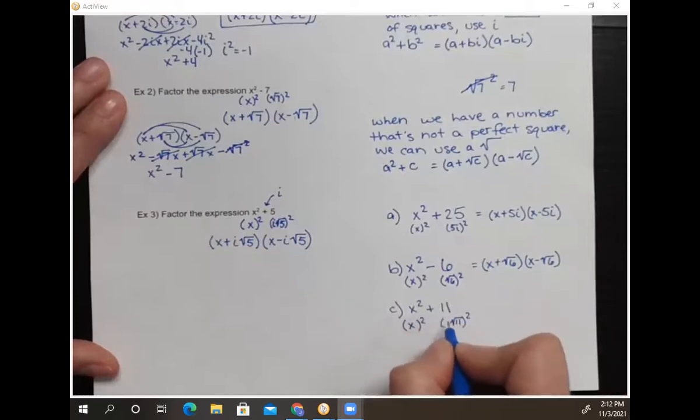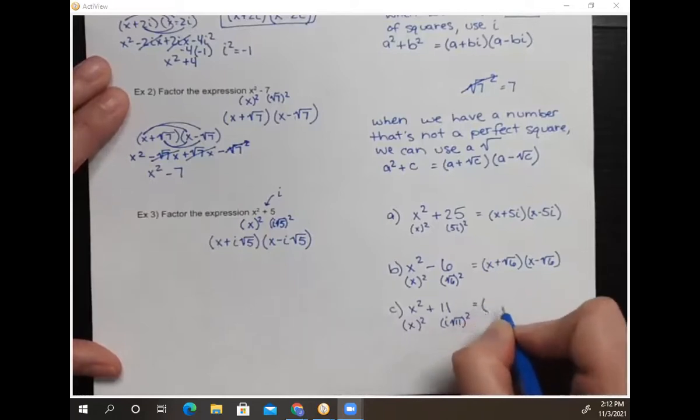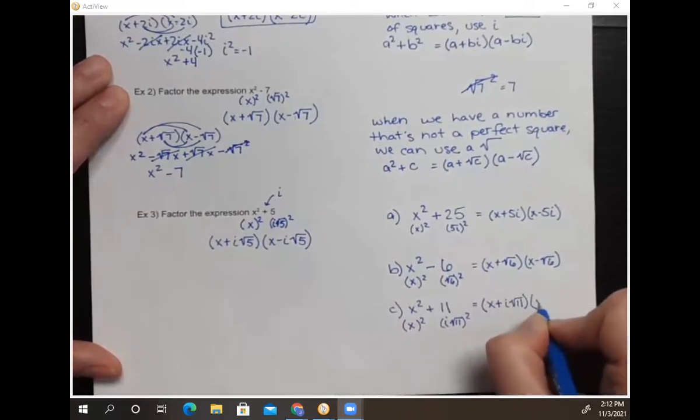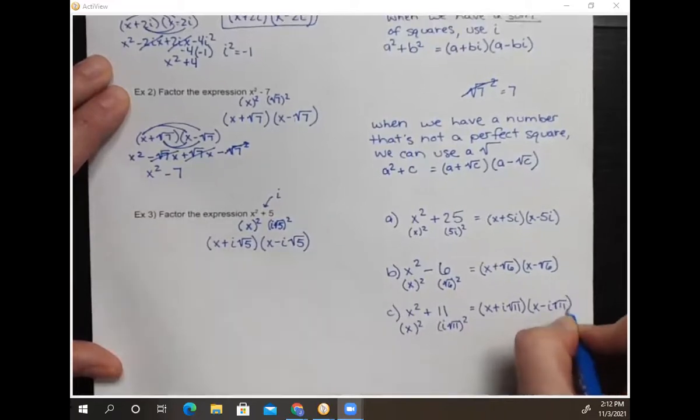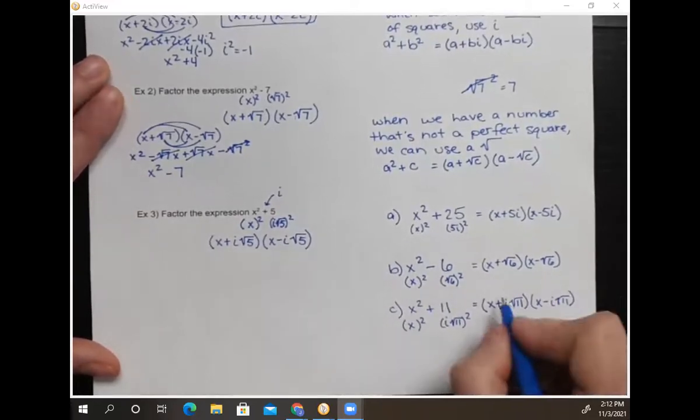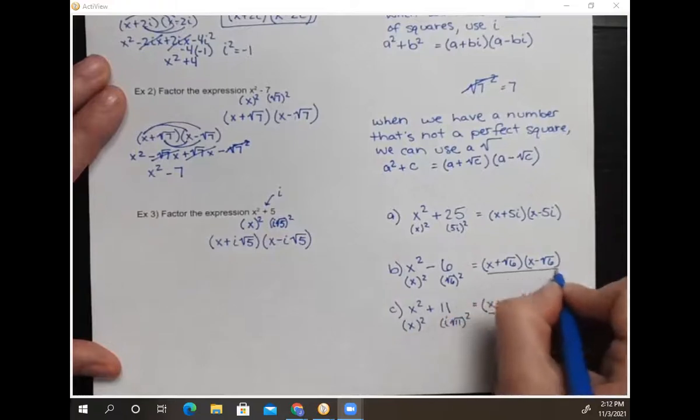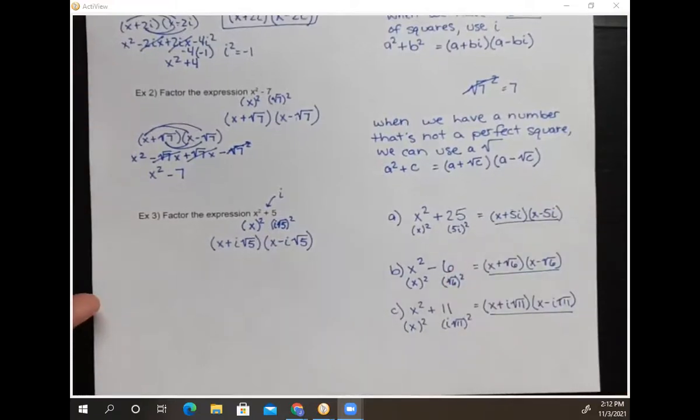And then since it's a sum, I need to use i. So my factored form would be x plus i root 11 and x minus i root 11. And those are my factored forms where my factors use imaginary and irrational numbers.